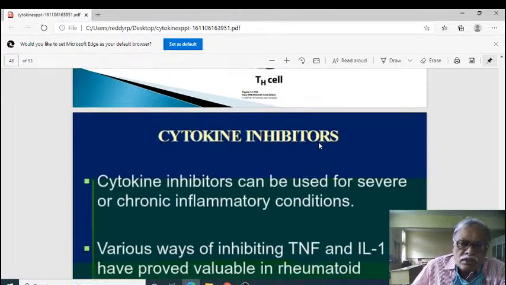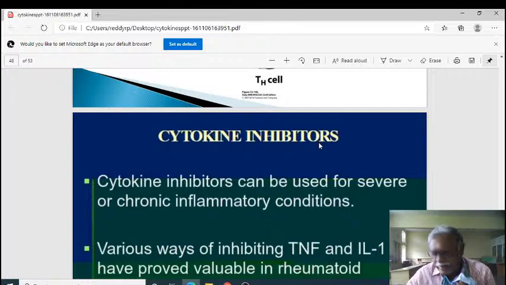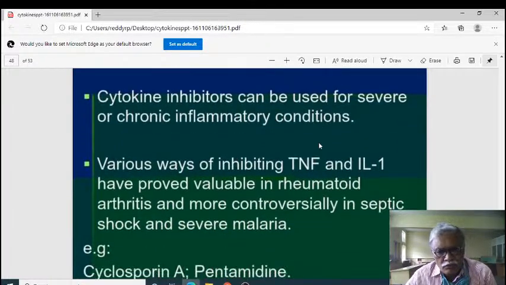The cytokine inhibitors can be used for severe or chronic inflammatory conditions like rheumatoid arthritis or any other inflammatory disorders, inflammatory bowel disorders.